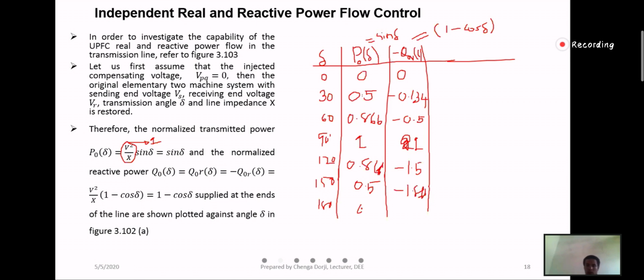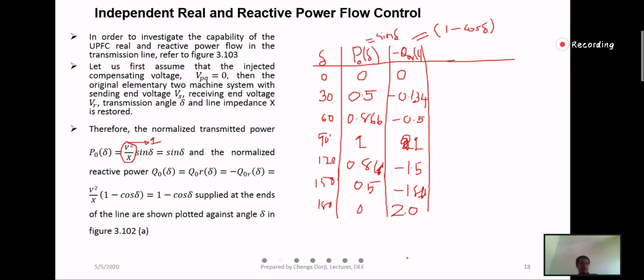Then at 180, sine is 0. Here 1 minus cos 180 is 2. Yes, sir.